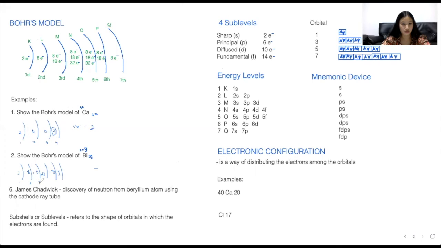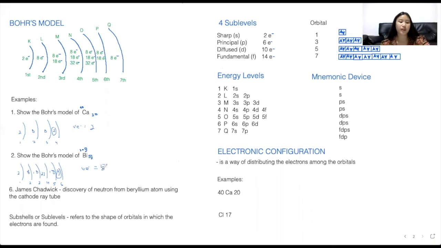So we have 6 shells. The valence electron is in the outermost shell, so the valence electron here is 5.